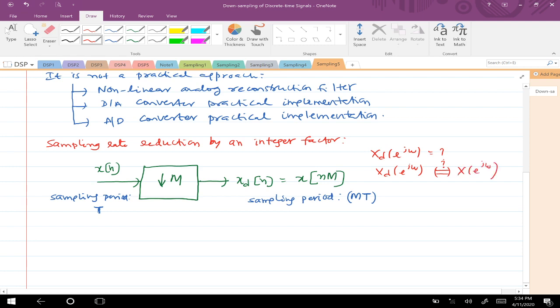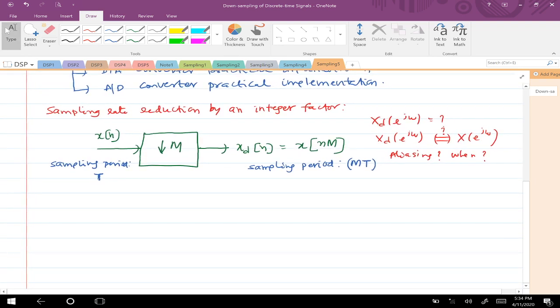In the time domain we have already written the expression. Then what about aliasing? Is there a possibility of aliasing when we are downsampling? If so, when could that aliasing occur? These are some of the questions we should be able to answer at the end of this video lecture.